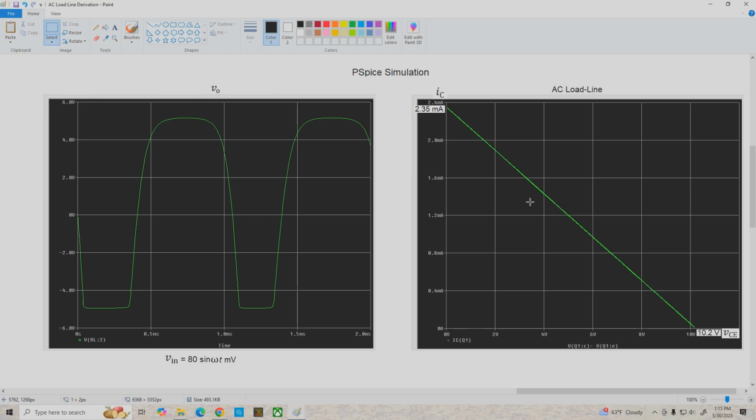If we were to lower the input frequency even further, then the ellipse would start to spread out and we'd see much more of it being evident. But under normal circumstances for a well-designed amplifier, the AC load line should pretty much be a straight line like we've got here. And that concludes today's adventure in circuit analysis.